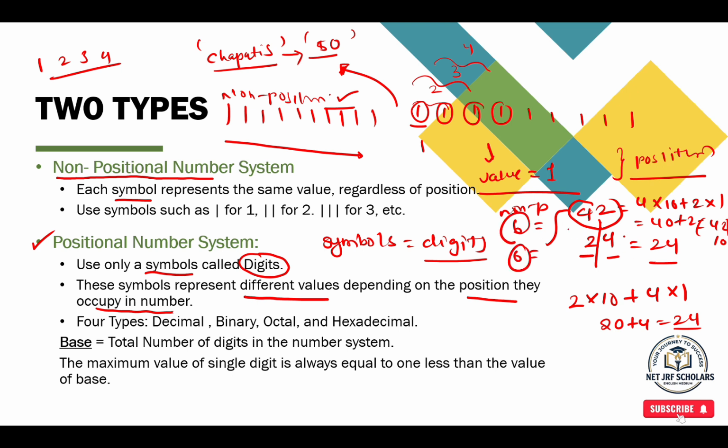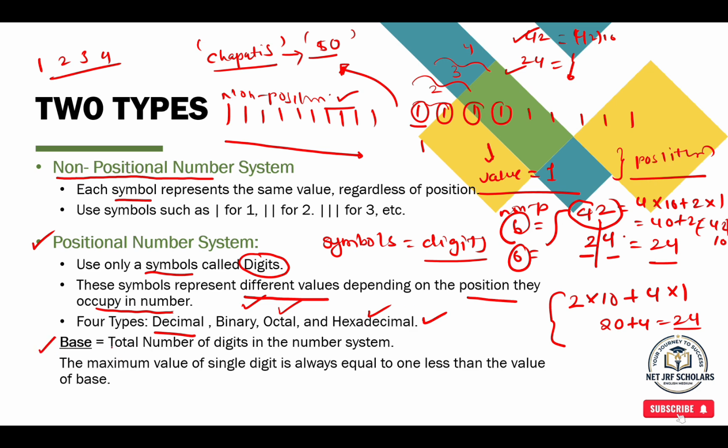But because it is positional, 42 and 24 have two different values, and 42 has the higher value while 24 is lower. So there are 4 such types of positional number systems. They are decimal, which is what we have just looked at, binary, octal, and hexadecimal.